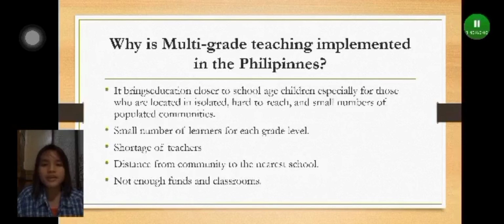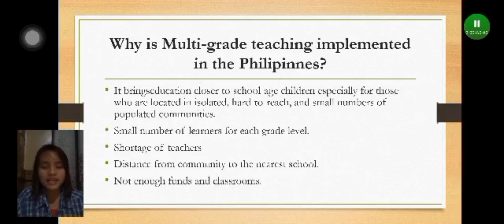Third, shortage of teachers. Fourth, distance from community to the nearest schools. So for some learners, they have to walk from 30 minutes to 1 hour and more just to reach their school. Fifth, not enough funds for classrooms.